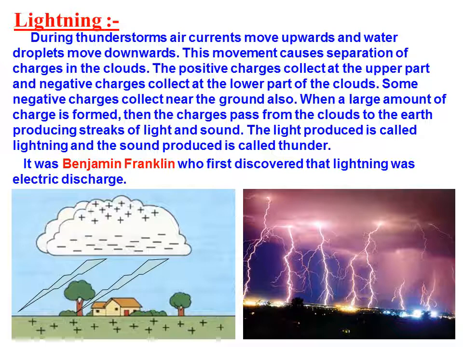So this movement causes separation of charges in the cloud. That means clouds have both negative and positive charge, but due to the air current and the water droplets, they get separated. The positive charge collects at the upper part and the negative charge collects at the lower part of the cloud.